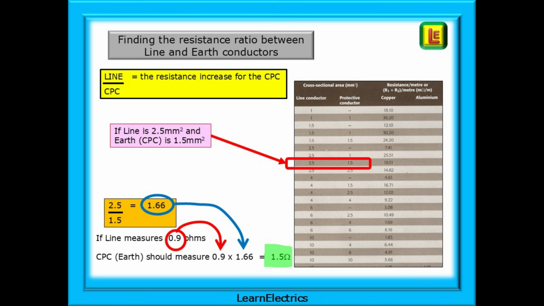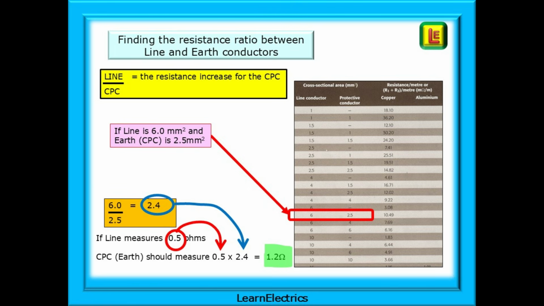It matters not which one you choose, the difference is hardly noticeable. So, if the line measures 0.9 ohms, what should the earth measure? 0.9 ohms multiplied by the ratio of 1.66 is 1.5 ohms. We say the earth or CPC will be about 1.5 ohms of resistance.